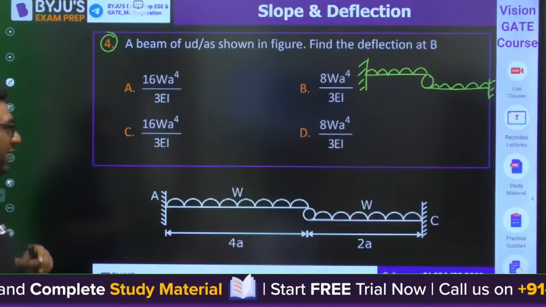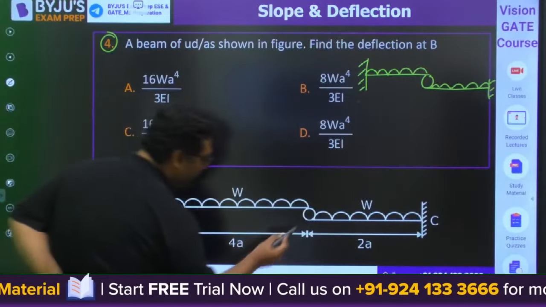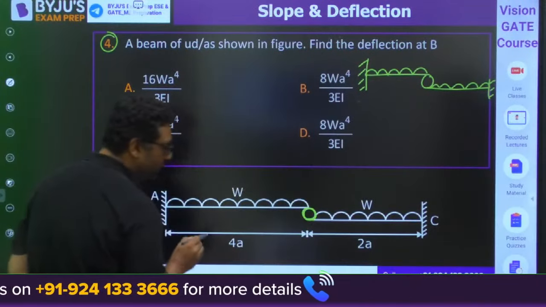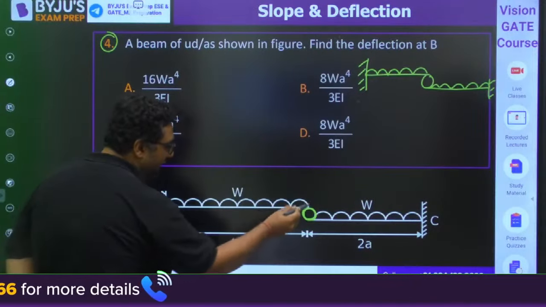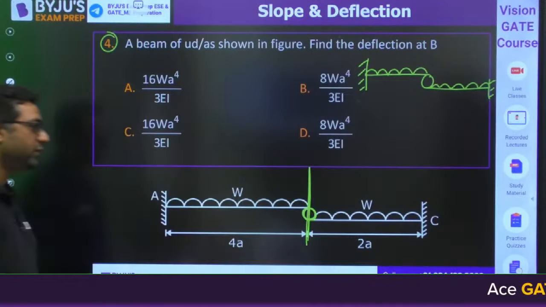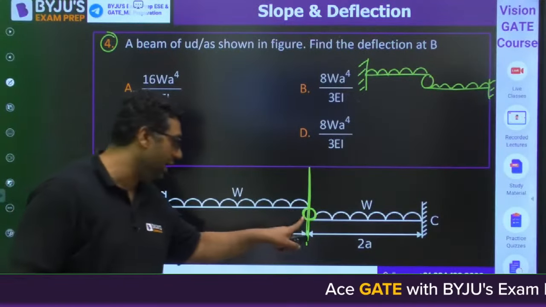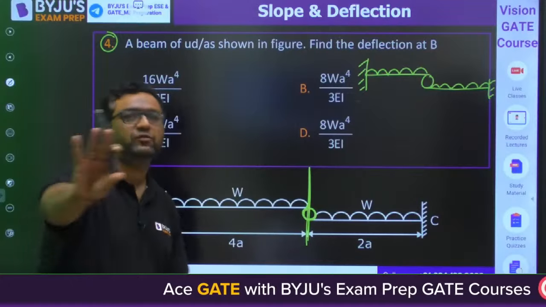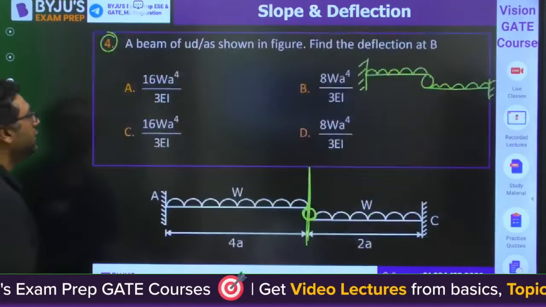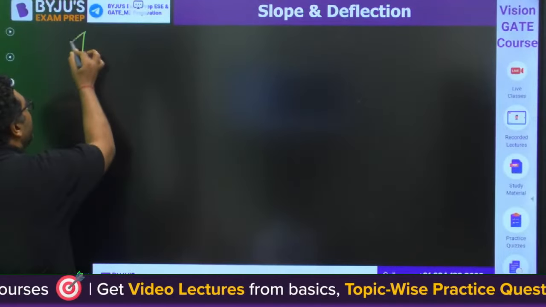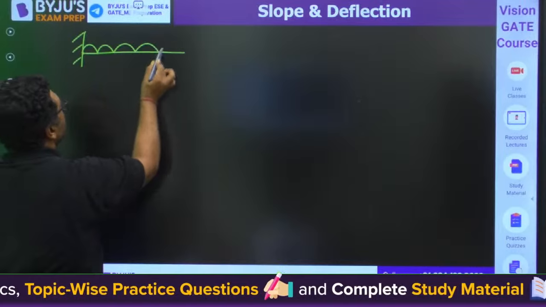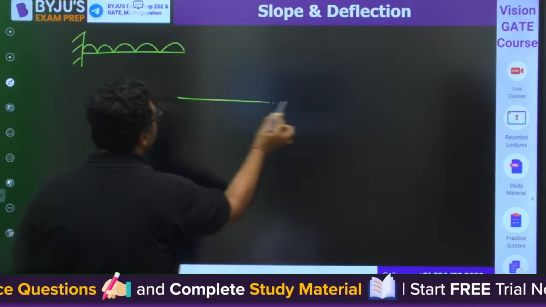I am giving you the hint that as both the beams are connected with this roller, the deflection at this point for both beams will be the same because they are connected. You will consider one beam like this, second beam like this.